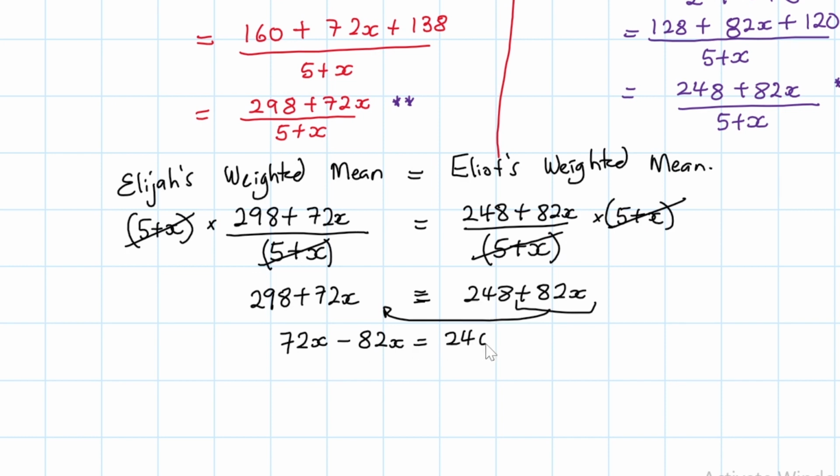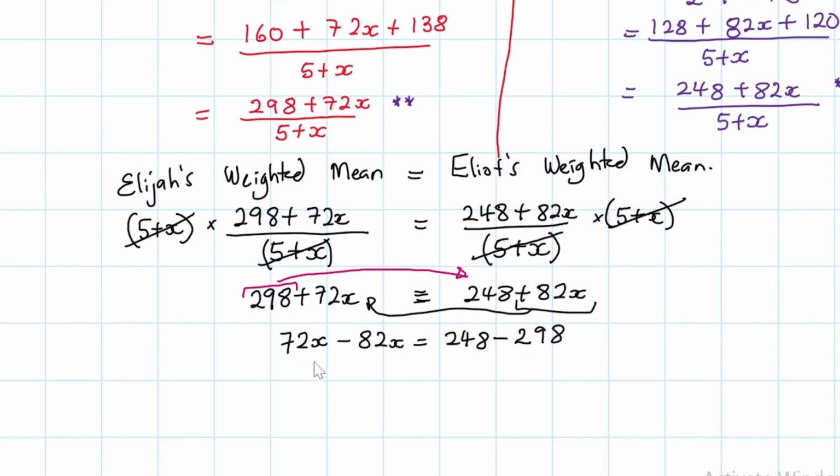That is what has remained here, just 248, not 248x. Then this 298 is supposed to cross and come this way. When it crosses the equal sign, it becomes negative on the other side, so it becomes minus 298.